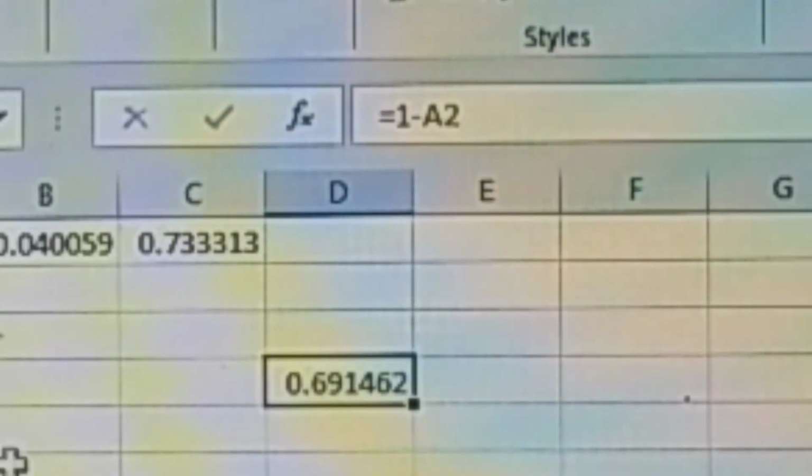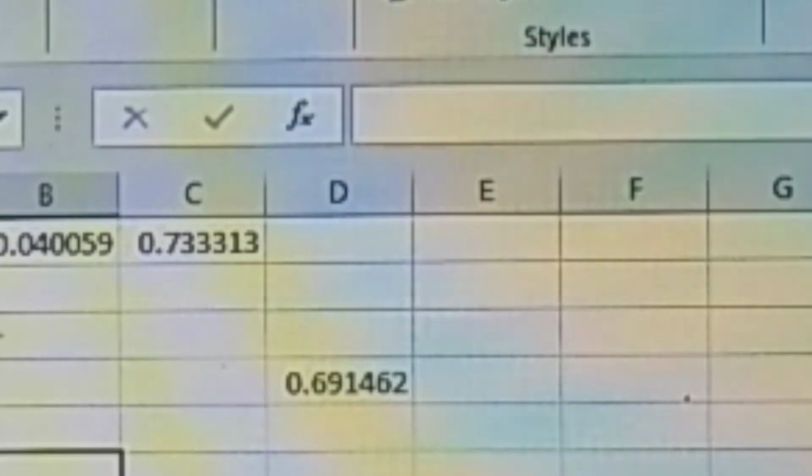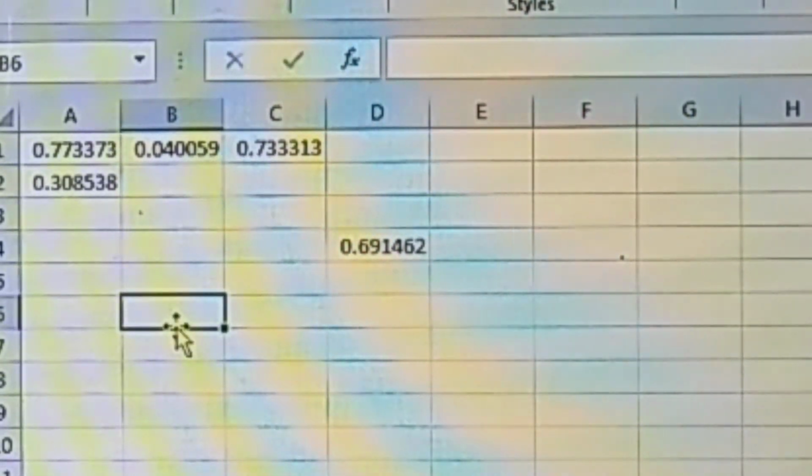So to answer letter B, we will multiply the probability in letter A by 200. So we have 200 here, so I'll type in 200.